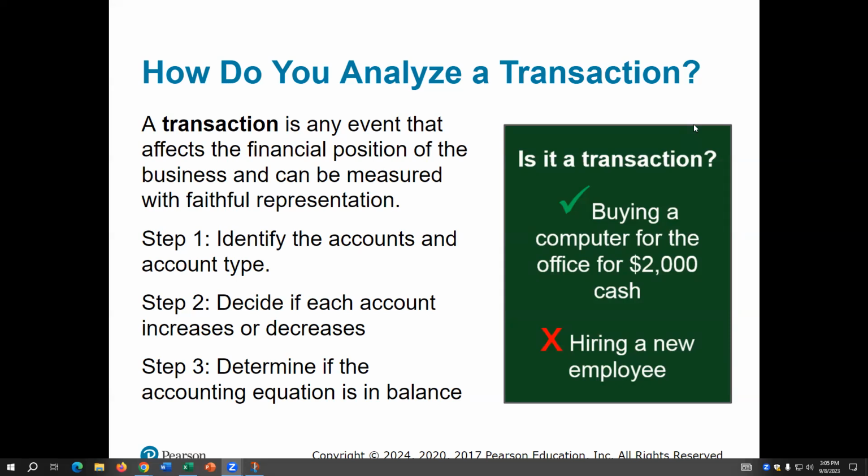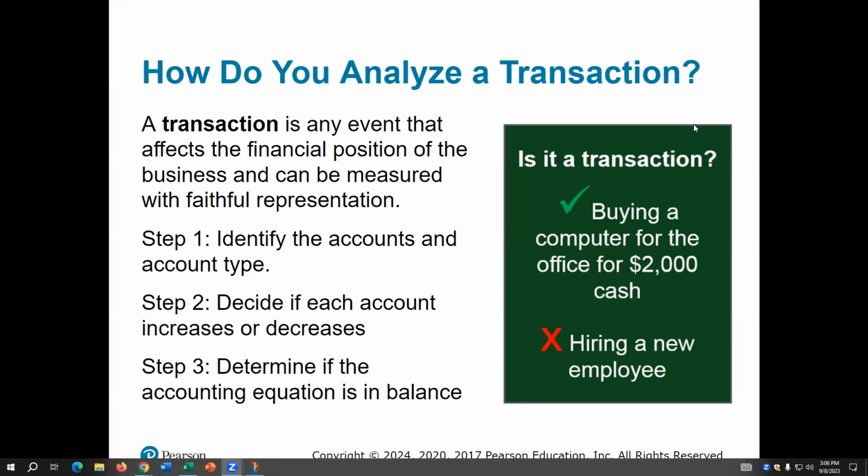So the steps for this are that we first have to identify what types of accounts we're dealing with, and there will be two accounts for any transaction because we're using that double entry accounting system. We need to decide if each account is becoming larger or smaller, and then we have to figure out if we've balanced it properly using our accounting equation.